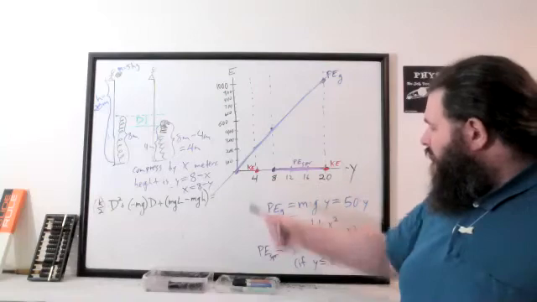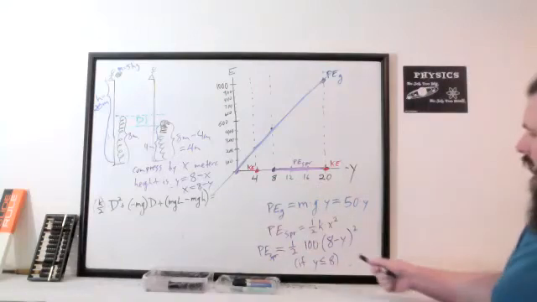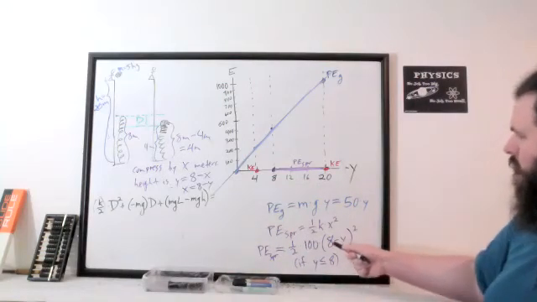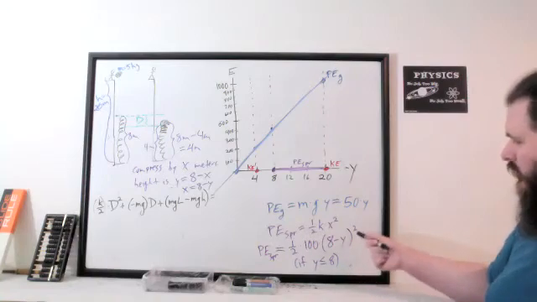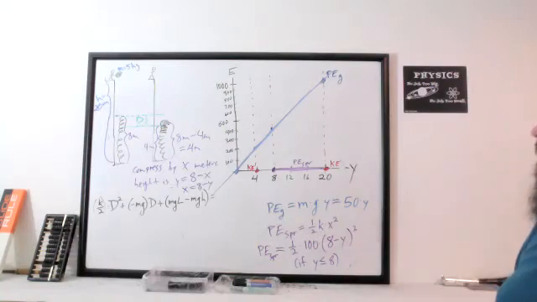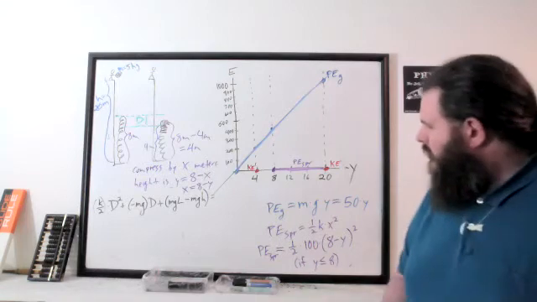In fact, if we plug in 4, 8 minus 4 would be 4 squared. Is that going to work? Did I do the calculation right? We know we're actually going to hit 0 here.